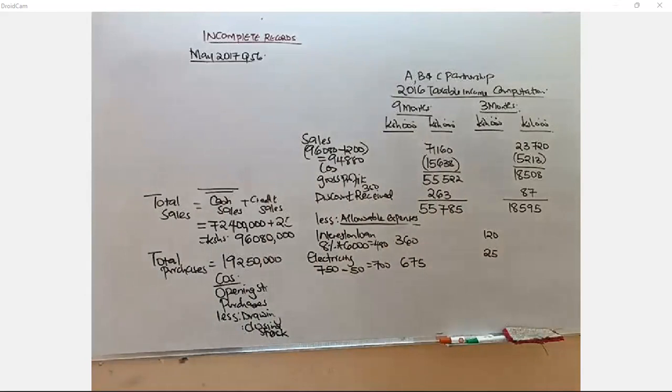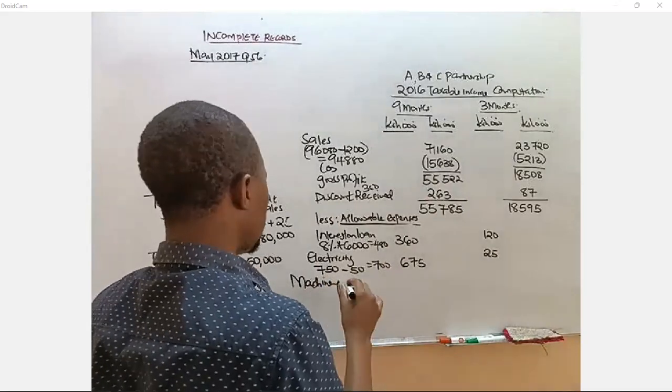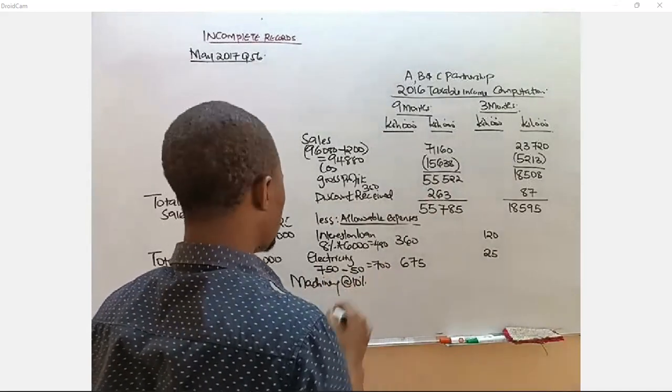So during the year, we purchased certain machineries. Our machineries were amounting to 16,400, we purchased 16,400. We have not been told what type of machinery it is, so we will charge it at the rate of 10%.